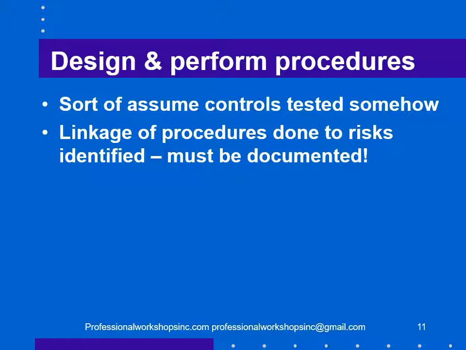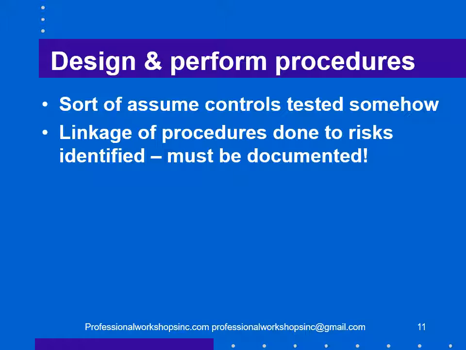The other thing we have to do, and this is often missed, is document the linkage of procedures done to the risks identified, and I see that missed a lot. Often we will say, okay, here's my assessment of risk of material misstatement, and here are the procedures I plan to do, but you've also got to come to a conclusion that the procedures you planned to do were successfully performed and address the risks you identified.